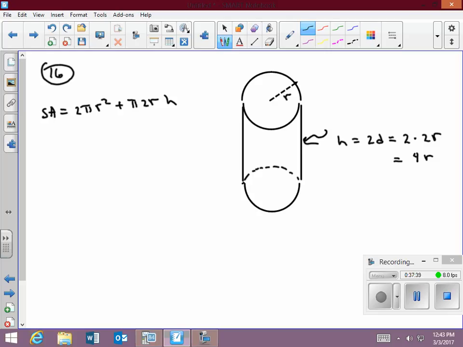So what we can do, we can substitute our 1200 in there. 2 pi r squared plus pi times 2r, and then for the height put in 4r. So we have just one variable.